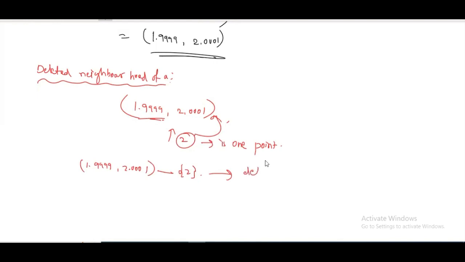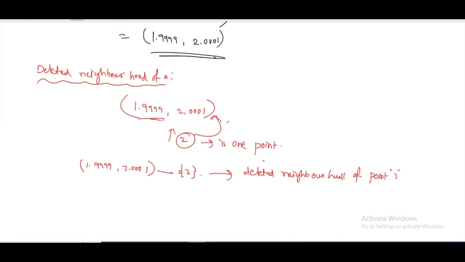It means the point moves in the neighborhood interval but never equals 2, so it is called the deleted neighborhood of that point 2.